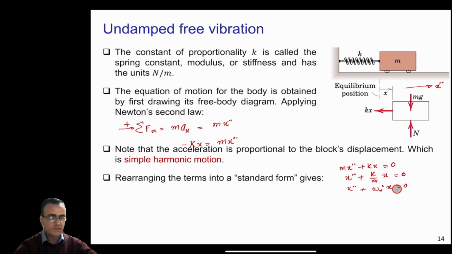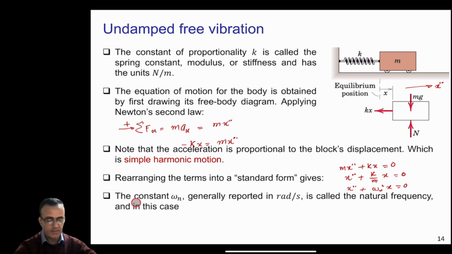So this omega n here is what we call the natural frequency, and the unit of this omega n is radian per second here. Because this is omega n square, omega n square is k divided by m.